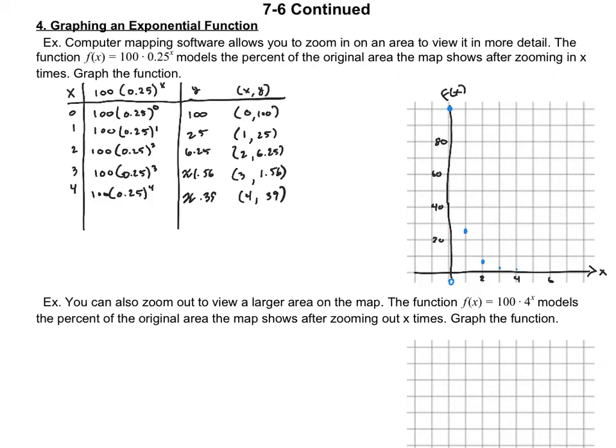As I graph those with a smooth line, that is what the graph is going to look like when I get done. It's going to get extremely close to my axis, but not touch my x-axis.